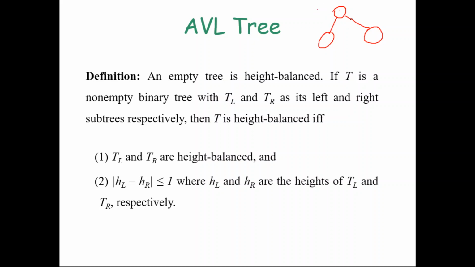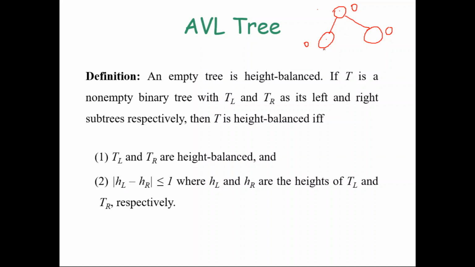So the height of the left subtree minus the right subtree is 0. For this node there is no left subtree and no right subtree, so it is 0 minus 0, which is 0. For this also, no left, no right, so 0 minus 0 is 0. So HL minus HR is less than or equal to 1 for all these nodes.